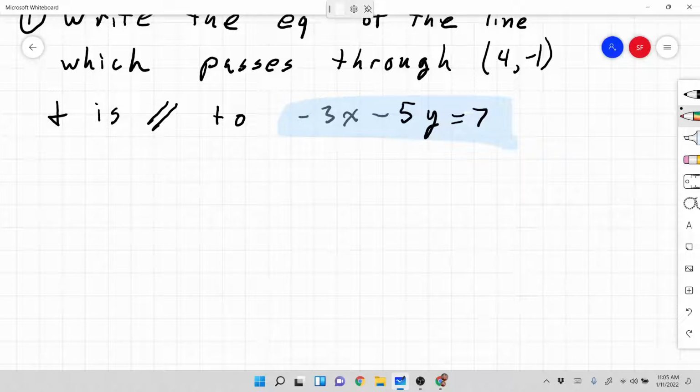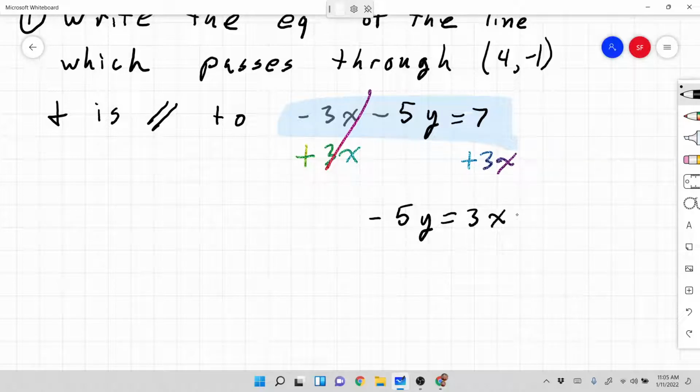Add 3x would be a good place to start. So those cancel, leaving us with negative 5y equals 3x plus 7, right?